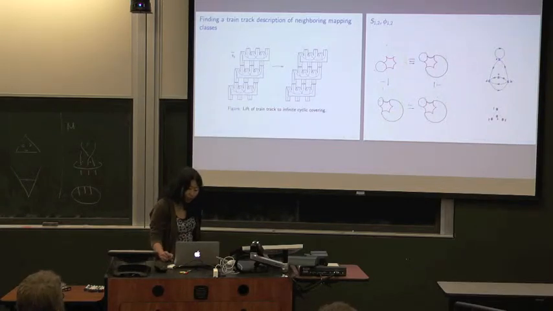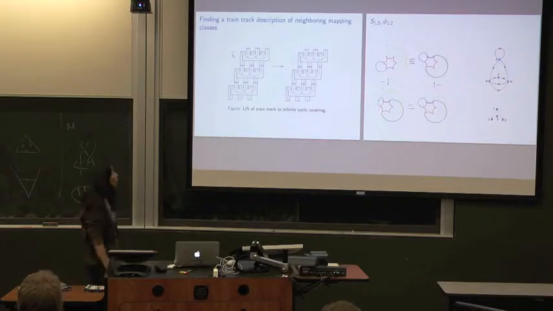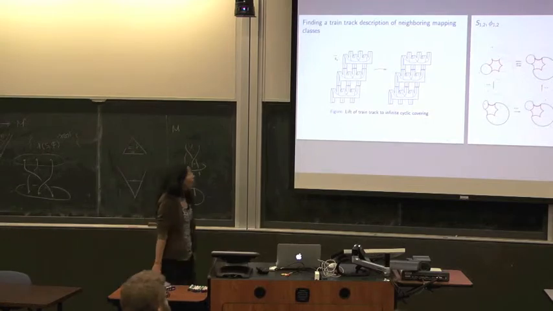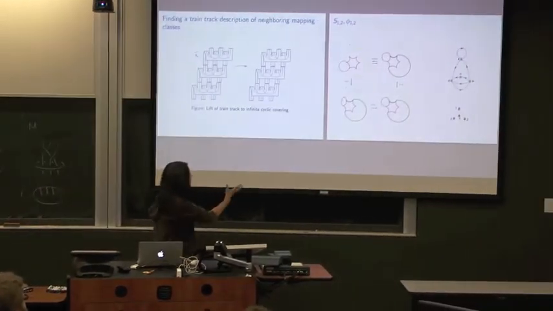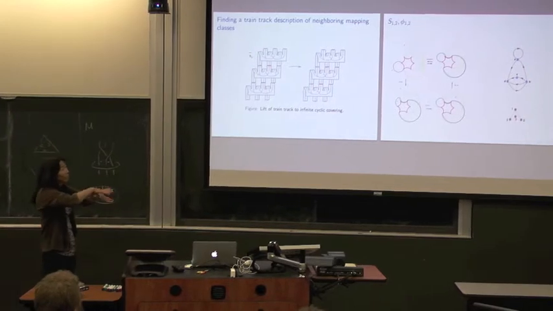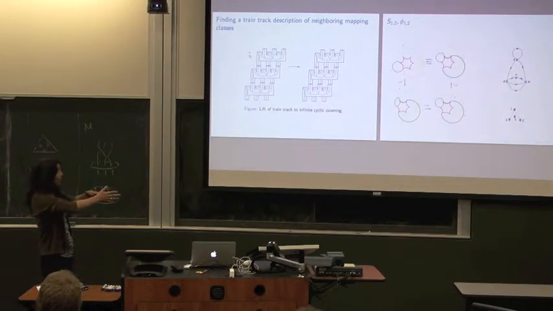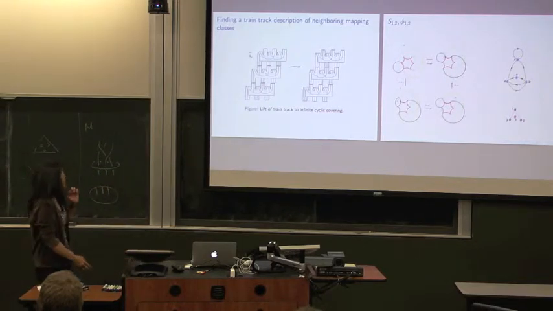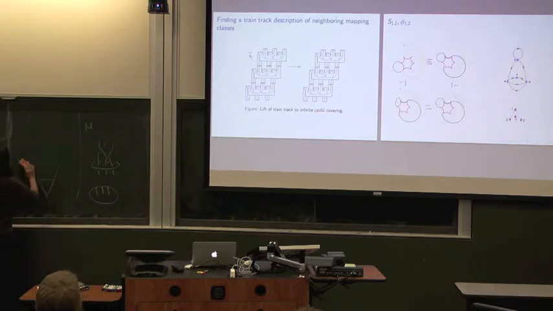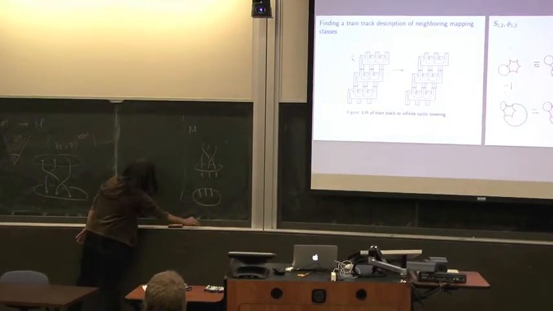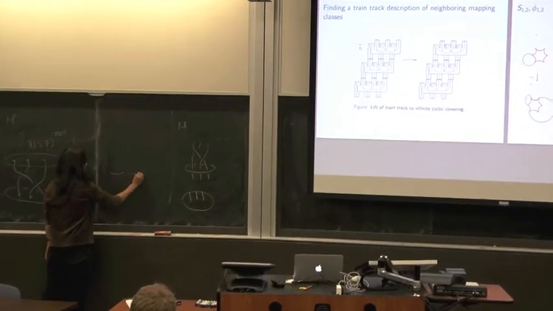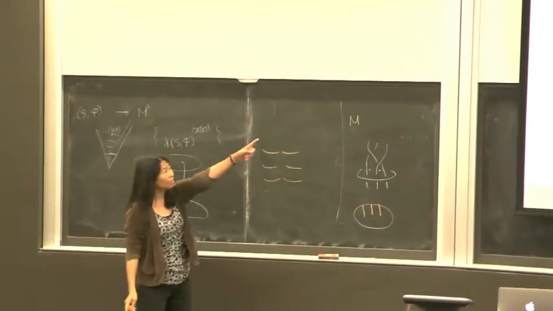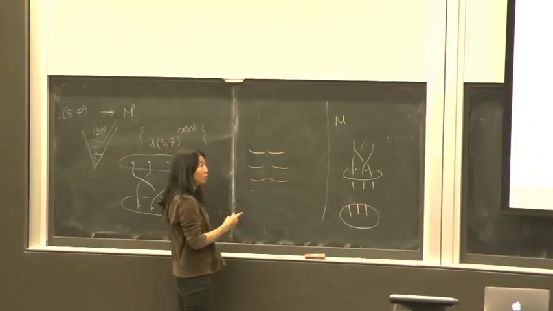But the point I want to make is that from that information we should somehow be able to guess what the train track maps are for these other things. I don't really have an actual proof that I feel comfortable with, but a heuristic way to guess is to look at the large edges, which are the only ones that matter, and look at what happens to them under the map.